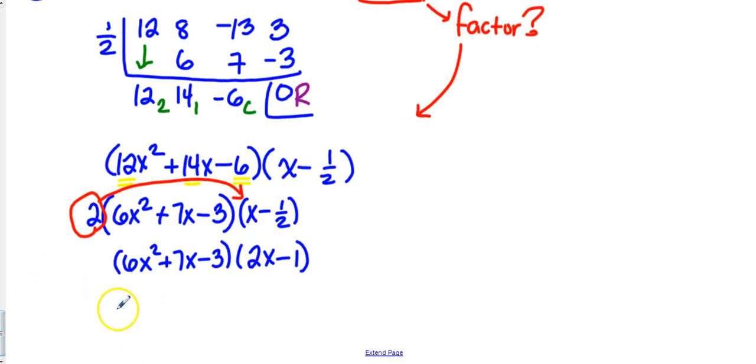Let's see if we can factor this by guess and check. So I'm going to try 6x and x first. If I put a 3 here, I know 3 times 6 is 18. That's too big. So maybe I try 3 here and 1 here. Well, outer would get me 6x, inner 3x.